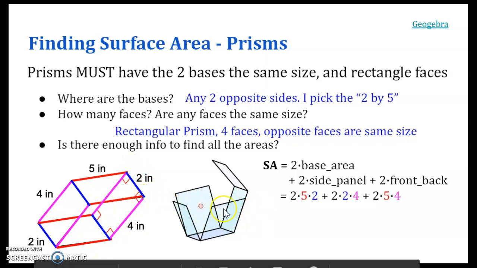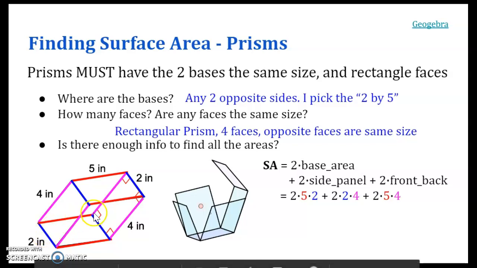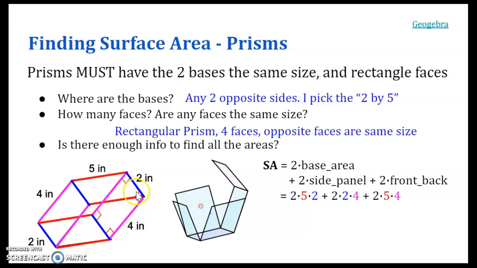So it's going to be 2 times 5 times 2, that's the 2 bases, and then 2 times 2 times 4.